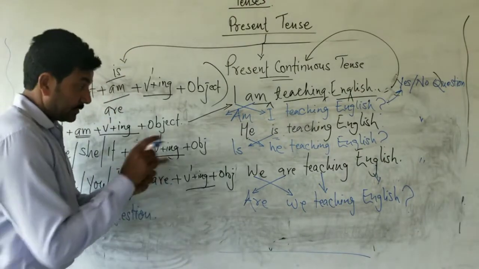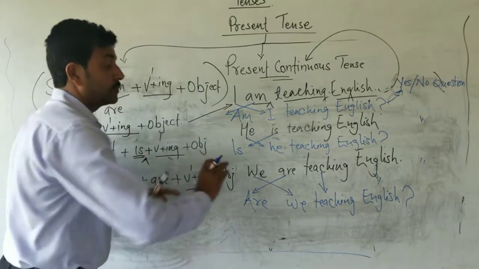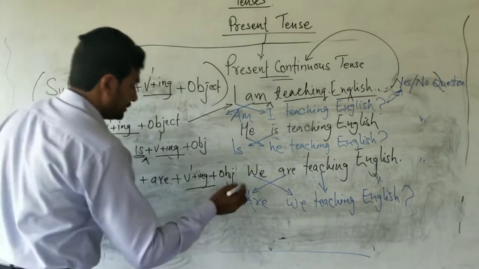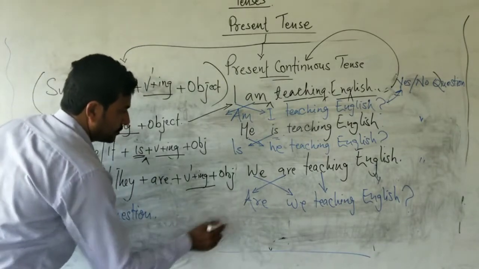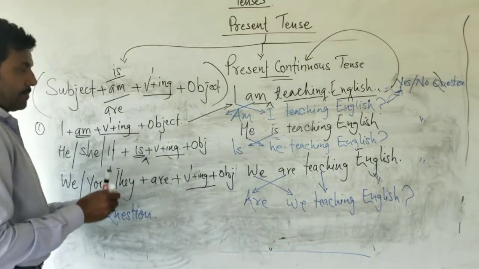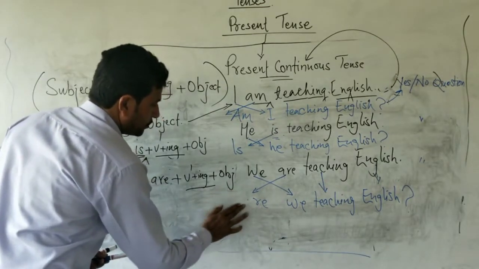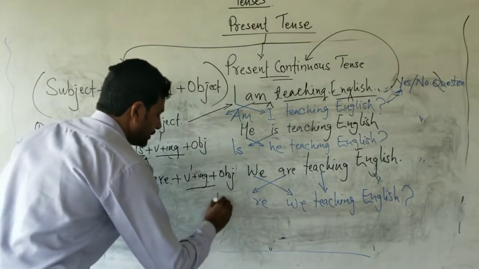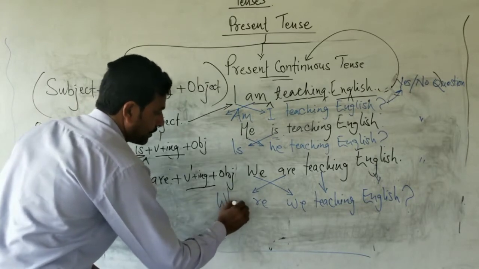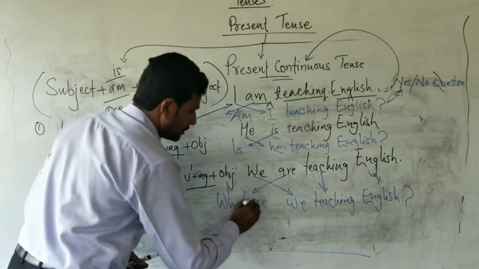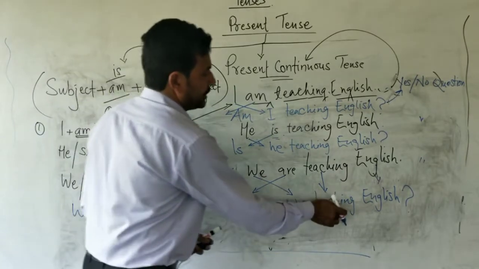If the answer remains in the question, then we have to remove the object. You just make the first letter small and use WH here. "What are we teaching?"